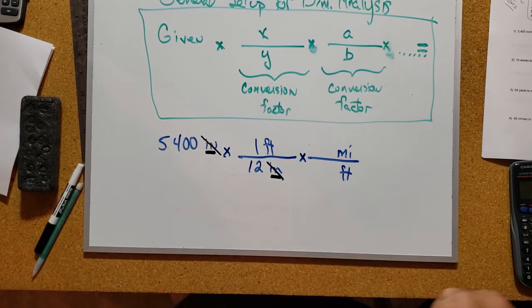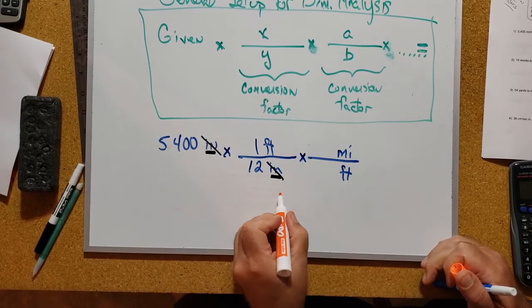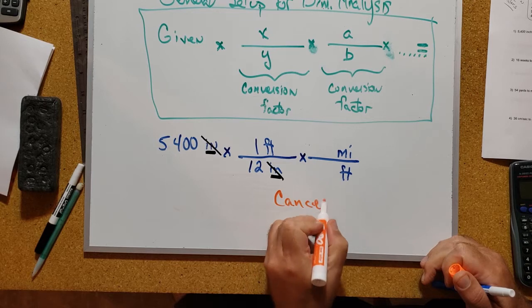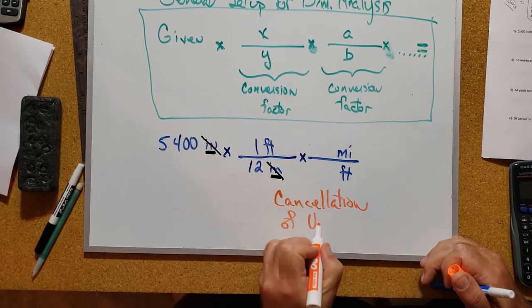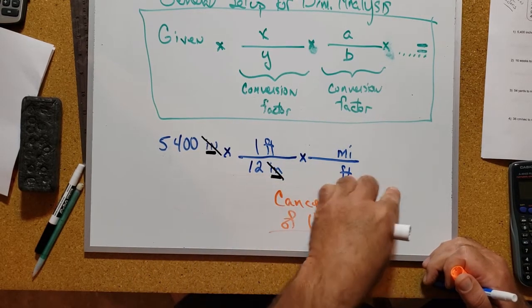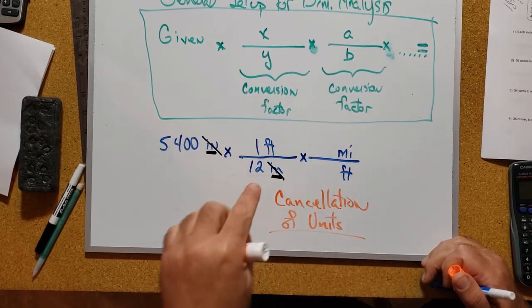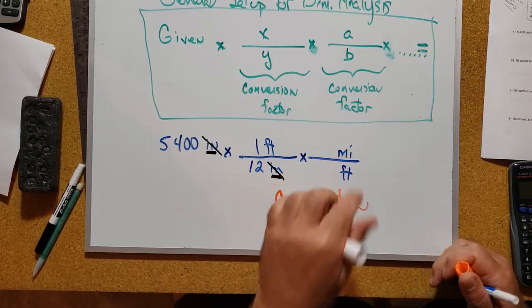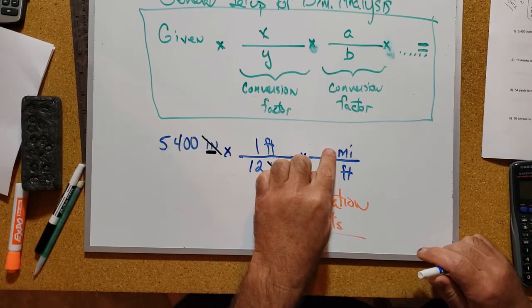The driving urge that you have in doing all of this work is cancellation of units. At each step in the process, that's what's in the back of your mind. Cancel my units, cancel my units, cancel my units, and stop when you get to the unit you're asked for in the problem. I'm asked for miles in this question.